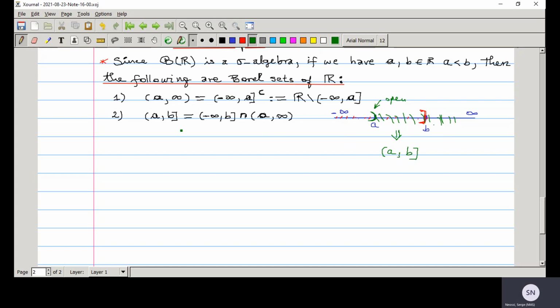It's closed at B. And that's exactly what we have here: open at A, close at B. So we are done with that. So that is the second.